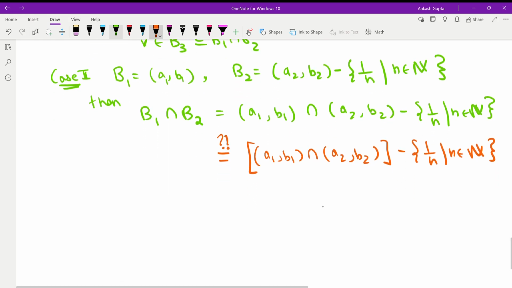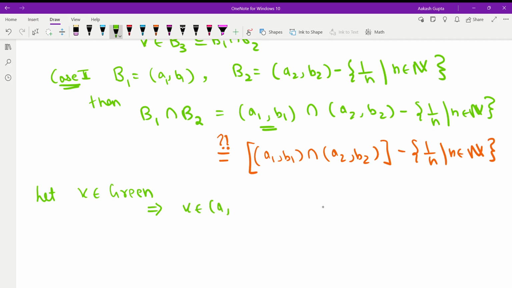So take a point. Let X belong to green. This is green and the other would be orange. So this implies X belongs to (A1, B1), this interval, and X belongs to (A2, B2), but X is not equal to 1/n for any n in N. Right, guys?